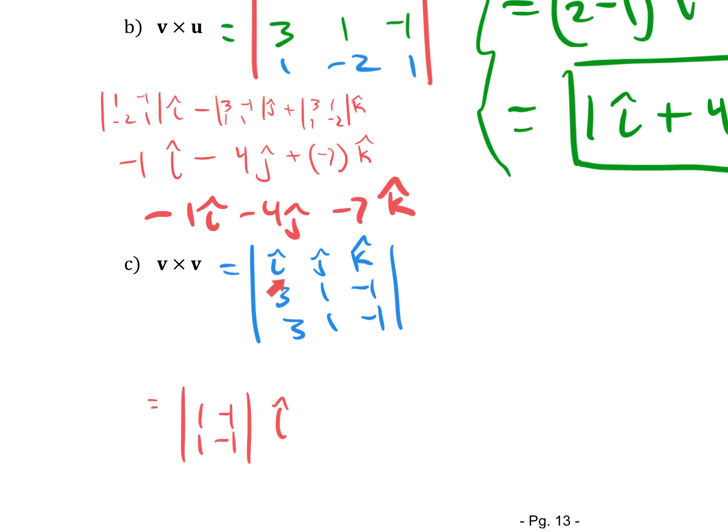So remember, we block out this column and row. There's our matrix. Now J, we're going to block out this column. We'll have 3, negative 1, 3, negative 1. And it's minus because it alternates. And then plus our K vector. We block out this row here. And we got 3, 1, 3, 1.